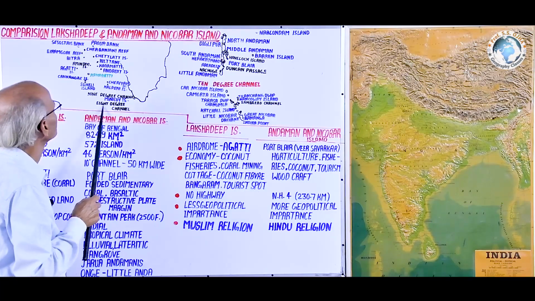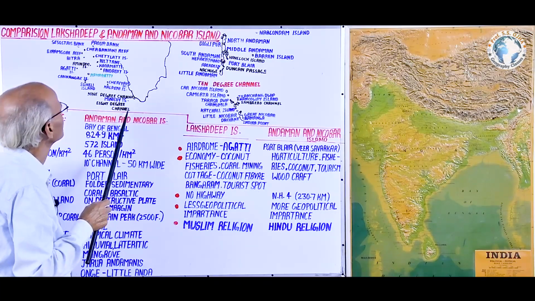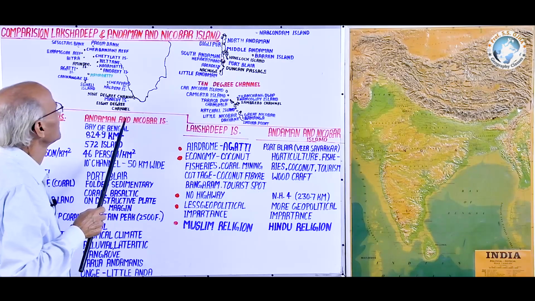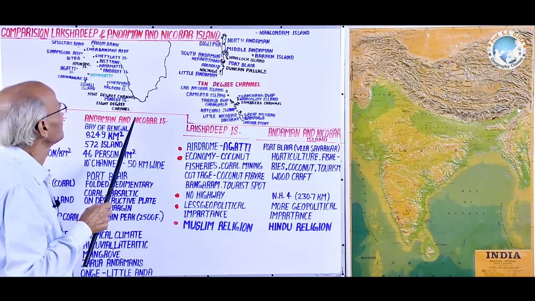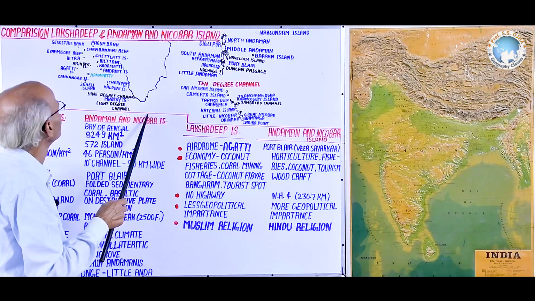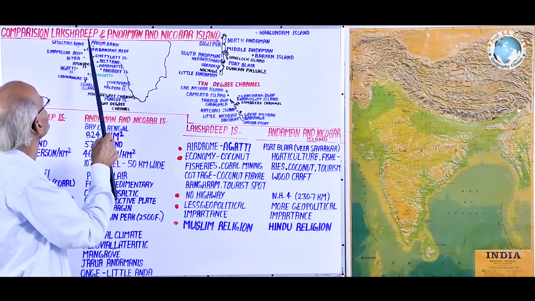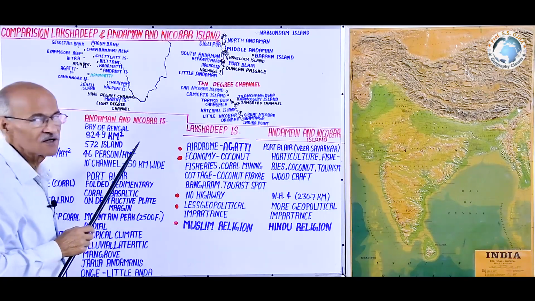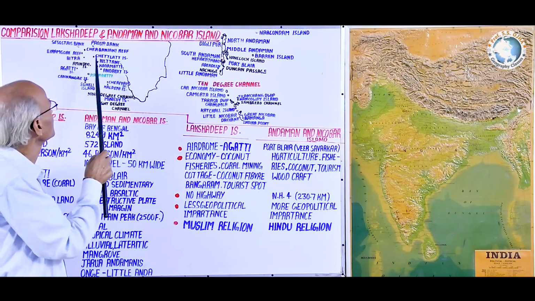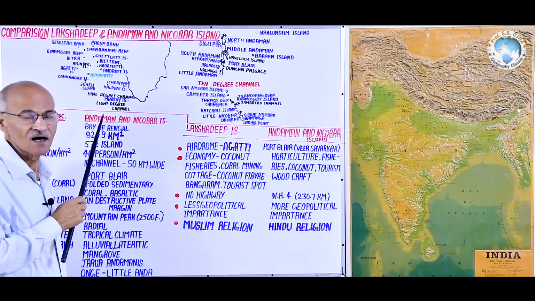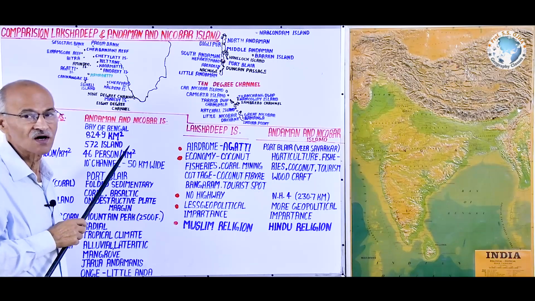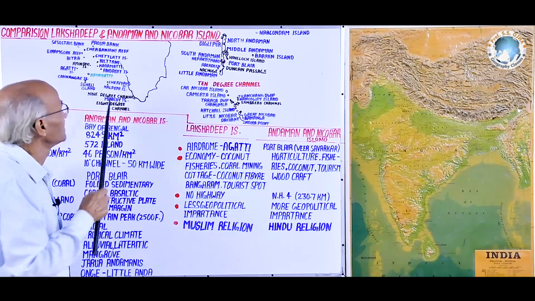To the south of this 8-degree channel, there is also the half-degree channel flowing along the half-degree north latitude in the Indian Ocean. Thus, this map should be kept in mind because questions to arrange the islands from north to south or south to north may be asked.